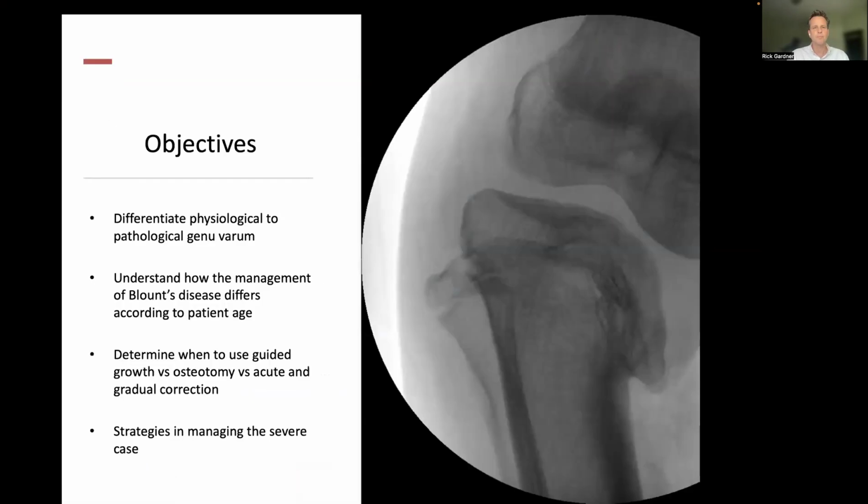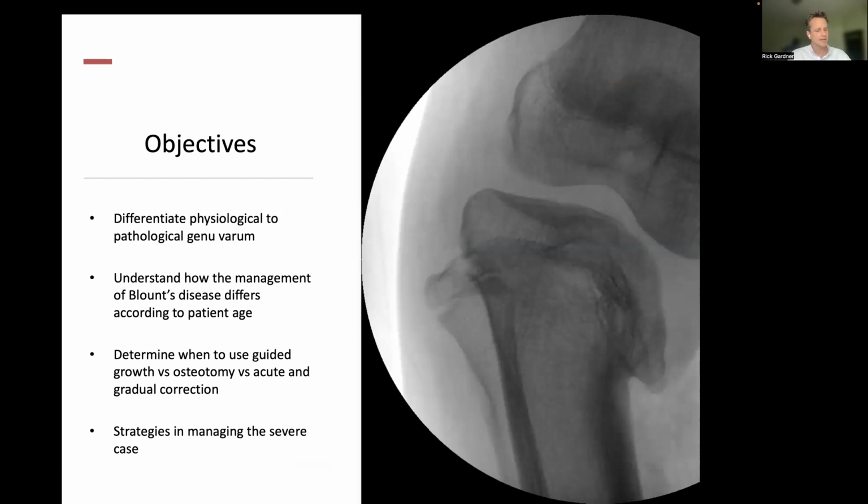So my remit is talking about Blount's disease. Some of the objectives that I think would be helpful for us to go through today would be to differentiate physiological genu varum from that which is pathological. To understand how the management of Blount's disease differs according to patient age. It's a fascinating condition, and depending on the age of the patient and the severity, the surgical management is very different.